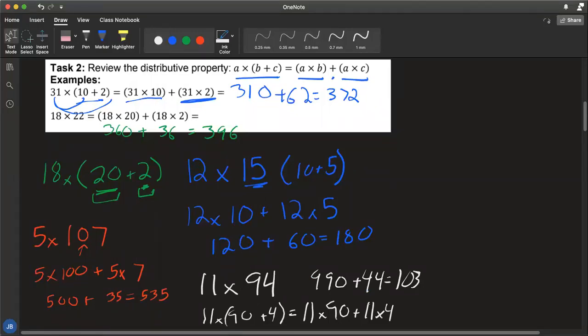The video got in the way here. Okay, 1,034. All right, does that make sense for everybody? Perfect. Does anybody have any questions about the distributive property?